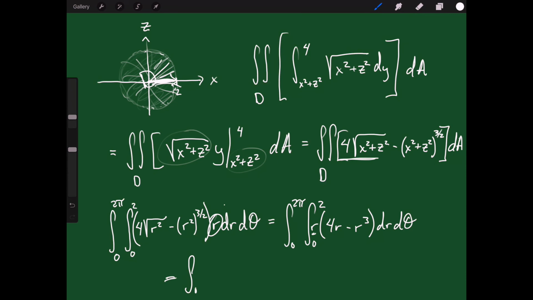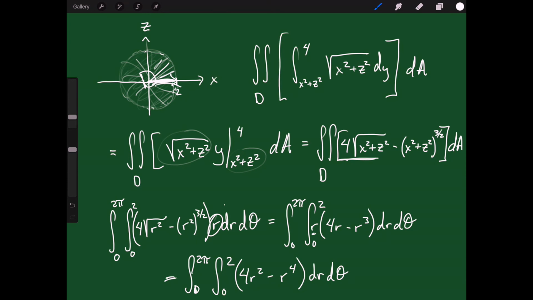This is integral 0 to 2 pi. Integral from 0 to 2 of 4r squared minus r to the 4th dr d theta. Okay, now we're all set up, ready to go.